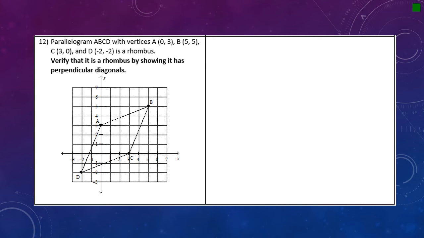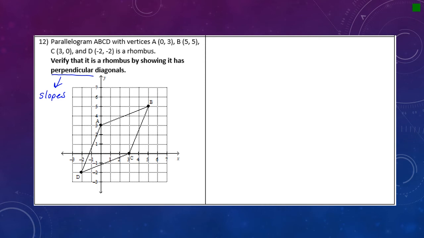Parallelogram ABCD gives us these coordinates, and it's actually already graphed for us, which is wonderful. And then it's asking us to verify that it is a rhombus by showing that it has perpendicular diagonals. So we're going to have to do two calculations here. Since we're trying to determine if the diagonals are perpendicular, I need to calculate two slopes. The next thing that's really important is to make sure that you are using the right letters as your diagonals.